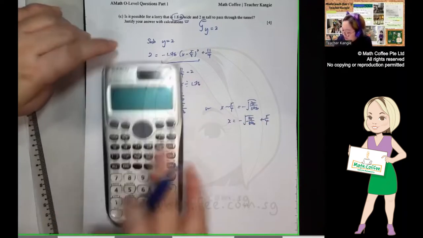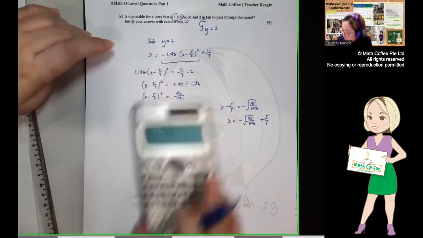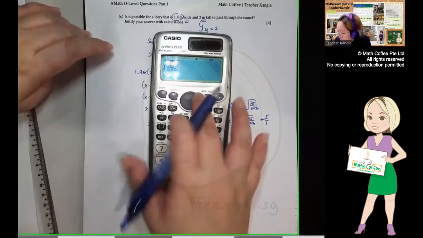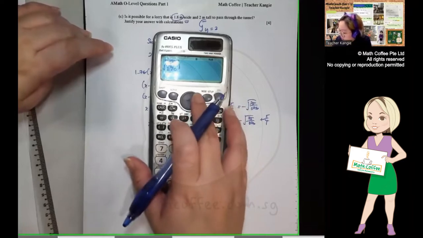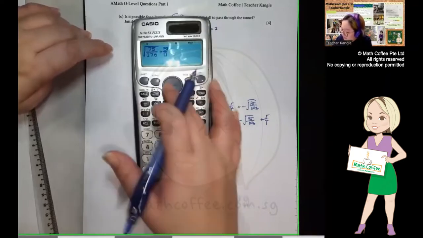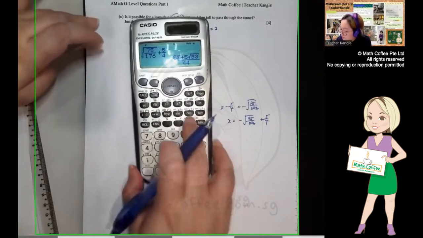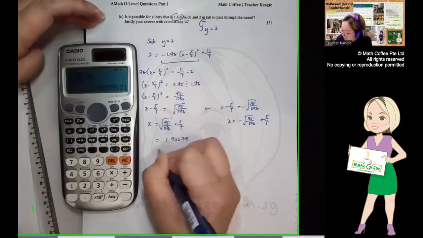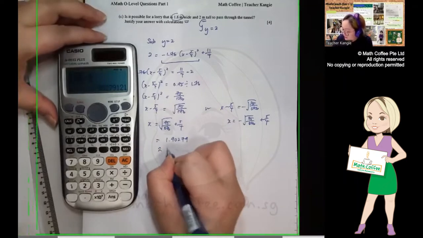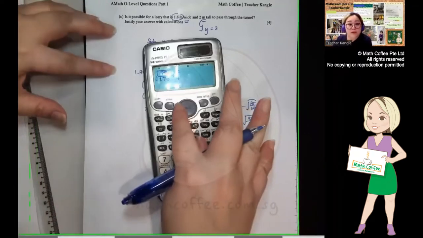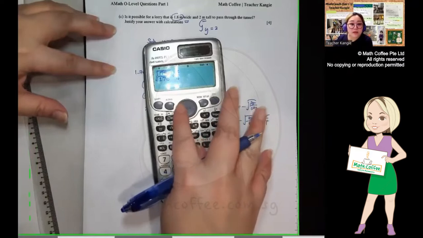Make sure you key in the square root of the fraction 75 over 176, and then plus 5 over 4. So we have 1.90279. Rounded off to 3 SF, 1.90. For this side, just go back and key in the negative.